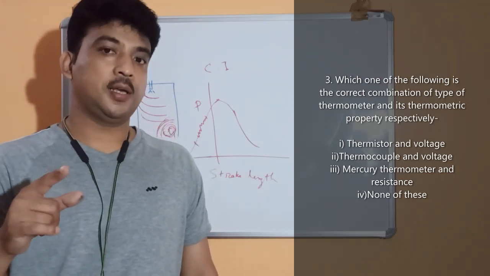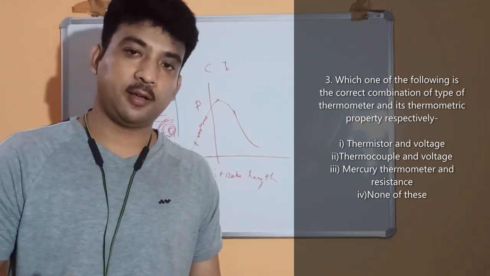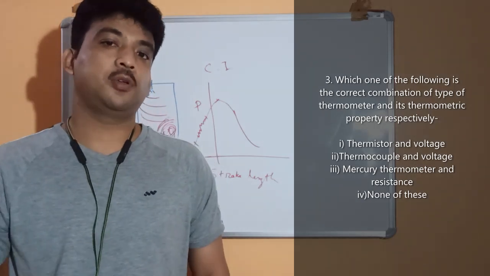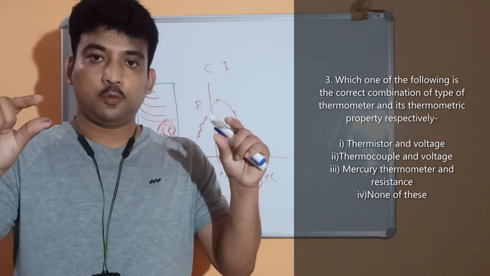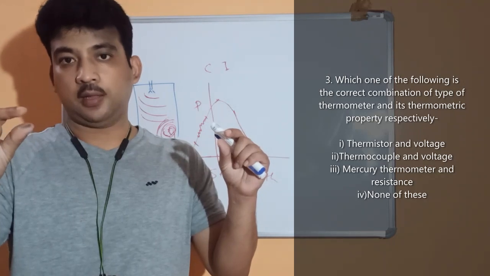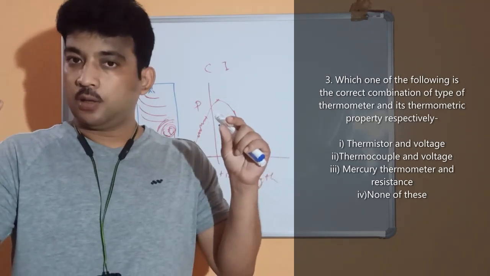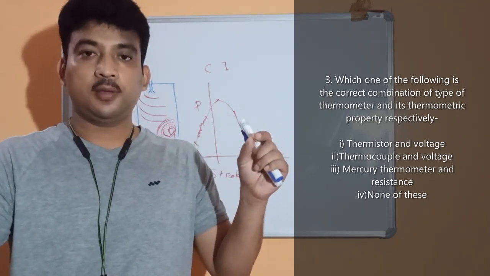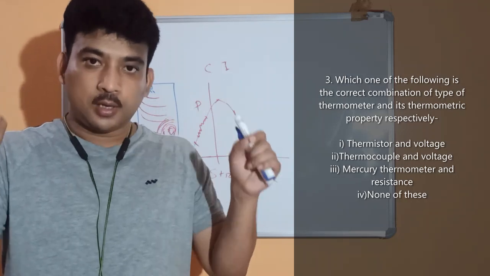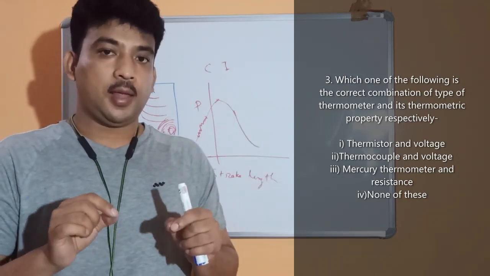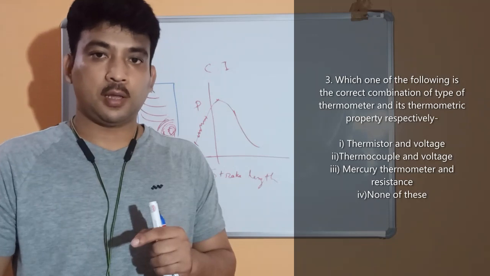Thermocouple. A thermocouple is a device which works on the Seebeck effect. So what is the Seebeck effect? If we have a joint of two dissimilar metals, and if both the joints are at two different temperatures, then between those two junctions there will be an EMF generated, and that EMF will be proportional to the temperature.